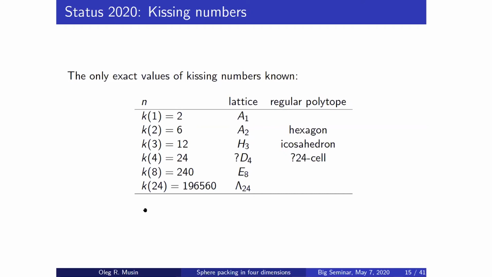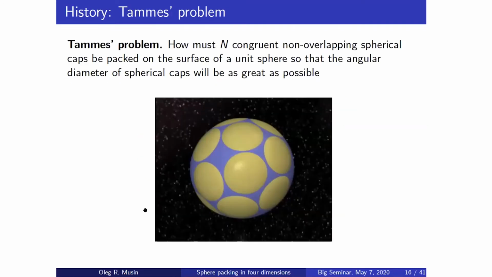It was proved independently by Odlyzko and Sloane and by Vladimir Levenshtein, in 1979. Nothing more: there are some bounds, but no more exact solutions.